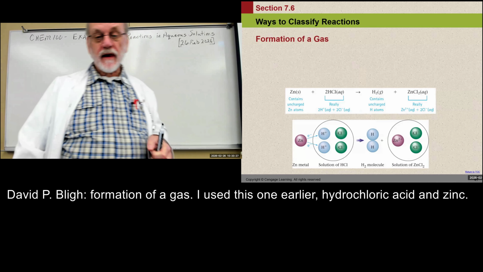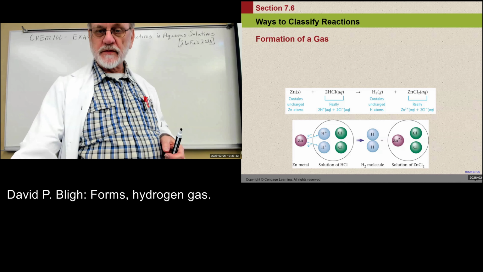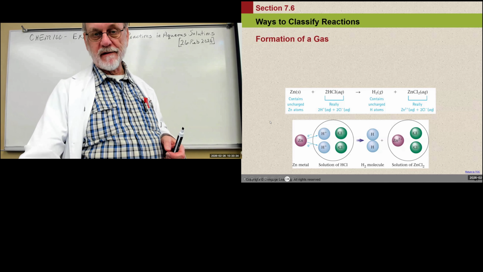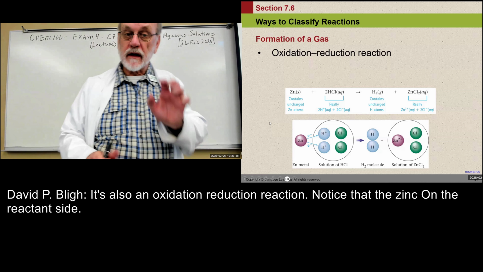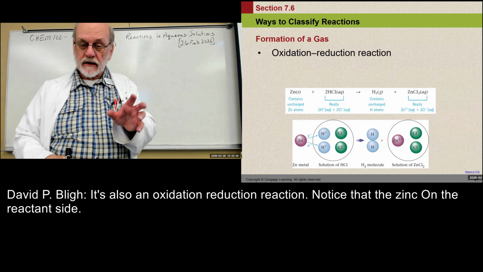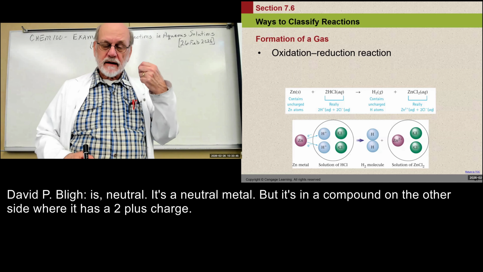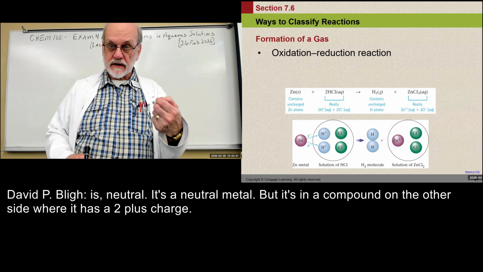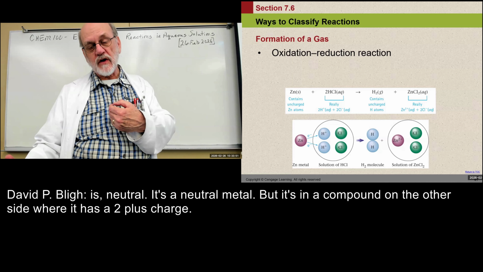Formation of a gas. I used this one earlier. Hydrochloric acid and zinc forms hydrogen gas. It's also an oxidation reduction reaction. Notice that the zinc on the reactant side is neutral. It's a neutral metal, but it's in a compound on the other side where it has a 2+ charge.